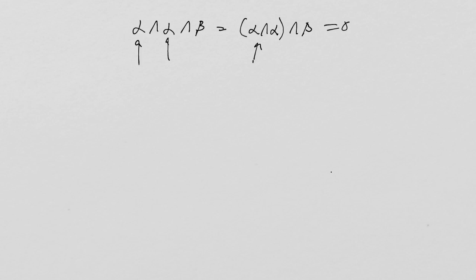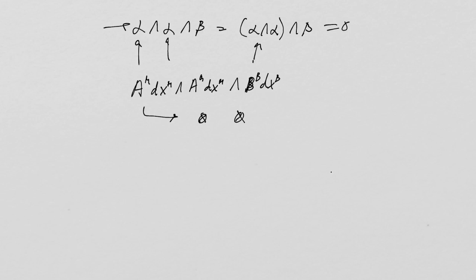And you can figure this out by just doing A_mu dx^mu wedge A_mu dx^mu wedge B_beta dx^beta, and you just work that out. You work it out in terms of these tensor products, and you'll see that these things are going to start to cancel, until they're all 0. So anytime you have a duplication in this process, you're going to end up with a 0.